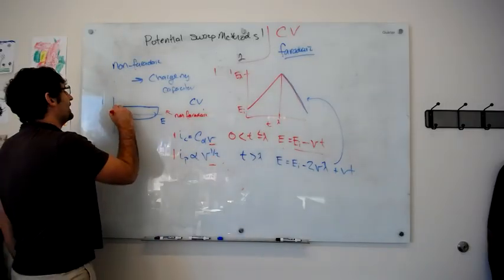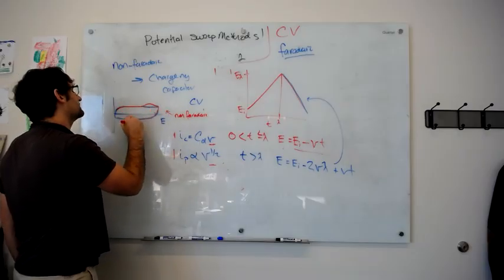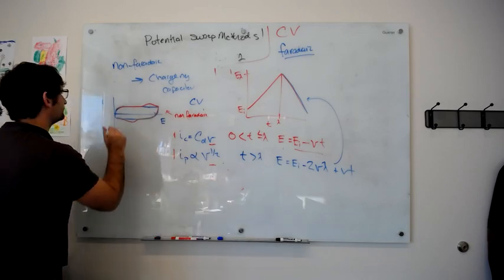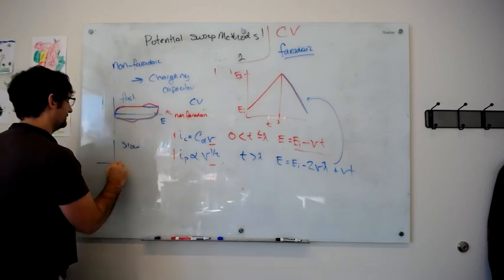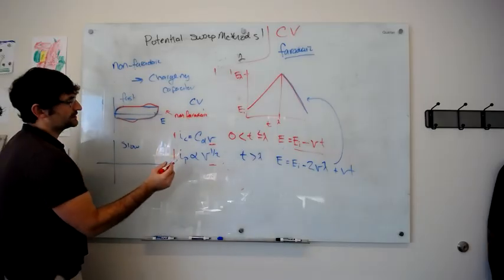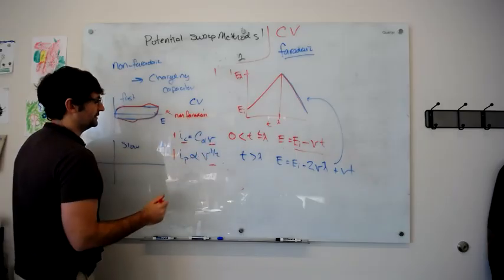And so if you scan fast, you might have a very large capacitive background. And then if you scan very slow, what do we expect to happen? Well, if we scan slow, this current will go down much faster than this current.